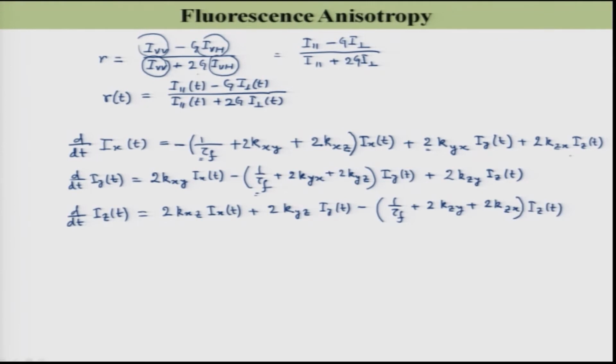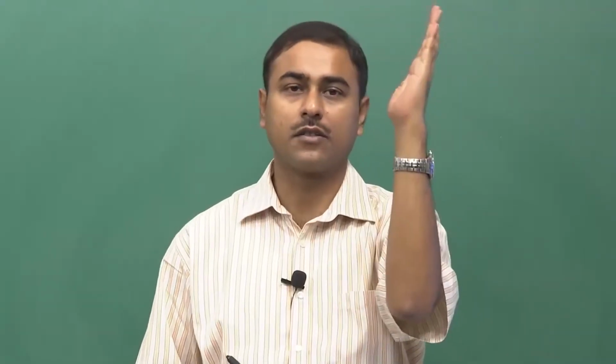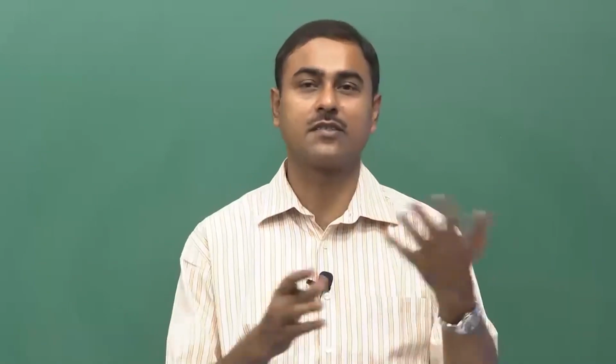Right. I got these 1, 2, 3 equations. The equation number 1. This time I am putting the equation numbers because later I need these numbers to refer to, otherwise it will be difficult to follow. 1, 2, 3. Now, as I said, rotation this way or rotation that way should be the same because it is just a solvent and these molecules are rotating either this way or that way.